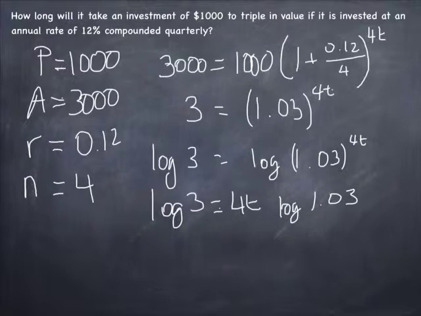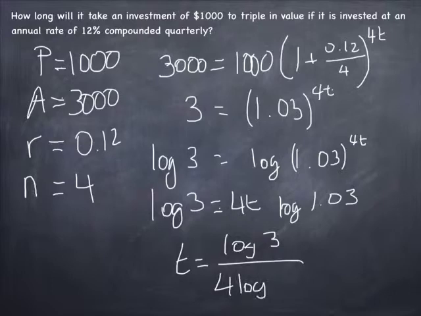And I'm going to divide both sides by 4 times the log of 1.03 to get t equals the log of 3 over 4 times the log of 1.03, which is about 9.3 years.